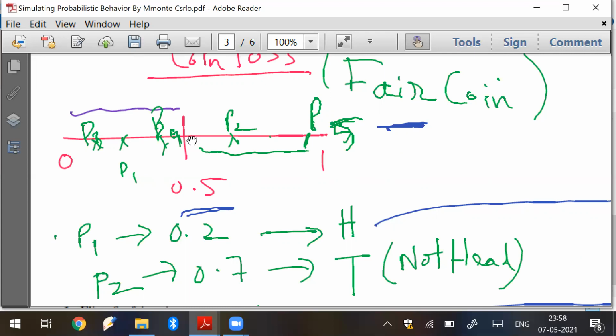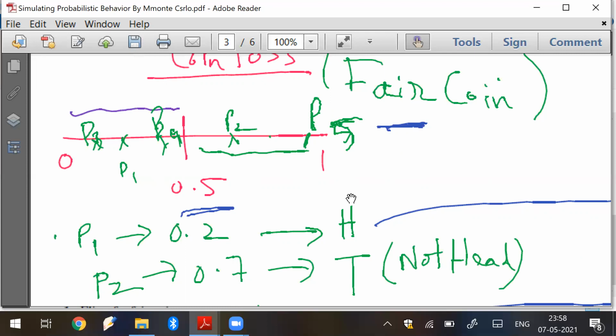That means if it falls between 0.5 and 1, it will not be a head. Now, it is only a two-output experiment, so obviously if it is not a head, then tail is the only possibility if you toss a coin. In this type of two-output measurement, it is sufficient to analyze one output, because once I analyze one output, the other output comes as a complementary part.